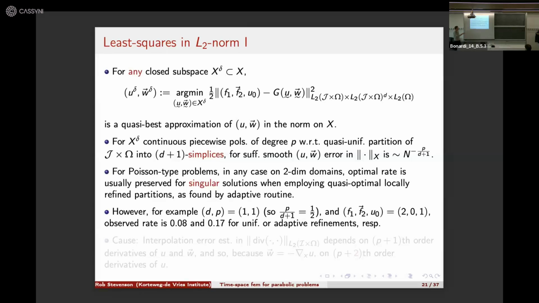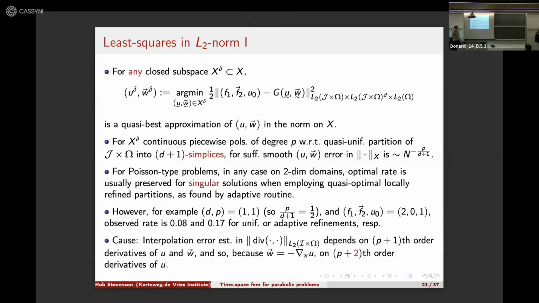I take a forcing term equal to the constant 2, and I take an initial condition equal to 1. So again, this nasty singularity. Then what we observe is a rate 0.08 if you do uniform refinements, and if you do adaptivity, it improves, but you get 0.17, which is still far away from a half.